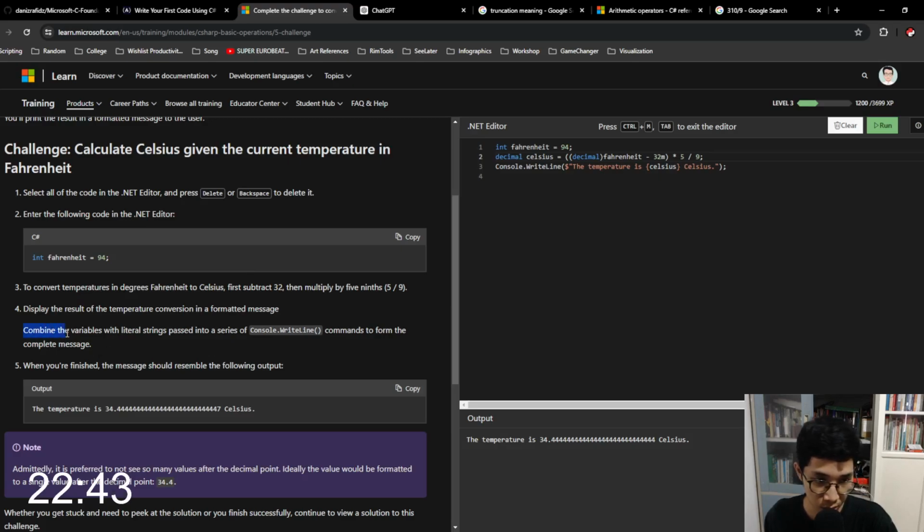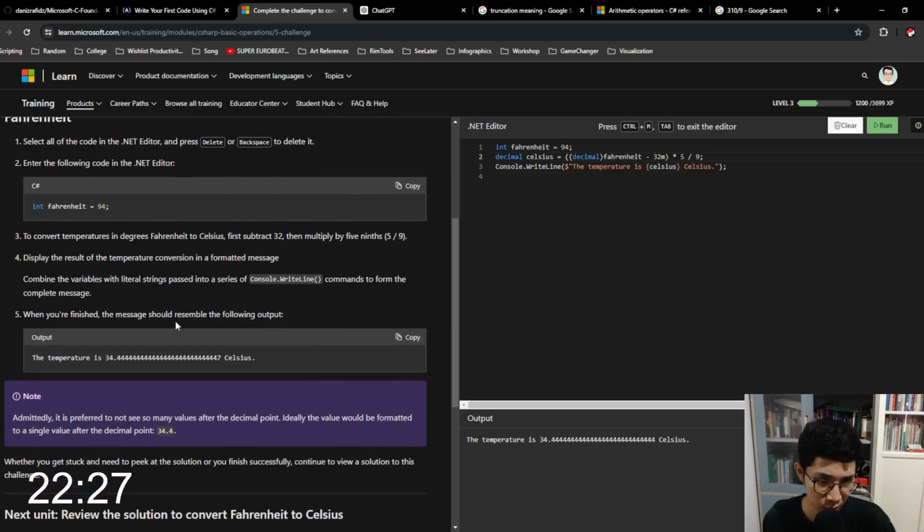Okay, let's continue. Read these four points. Combine the variable with a literal string, pass it into the method like Console.WriteLine. Yes, I did that. Comments to form the complete message. When you're finished, the message will resemble the following output. So you have 7 here. What if I put M and M here?